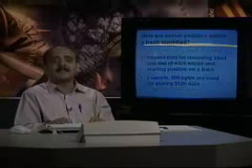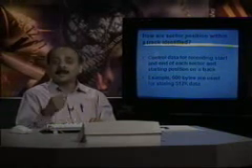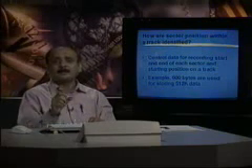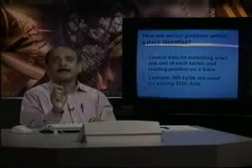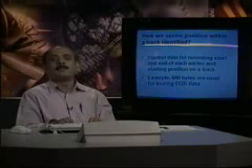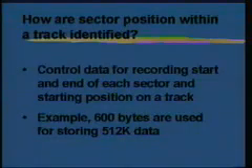What are the basic requirements? The basic requirement is that a gap needs to exist between two sectors. But if the gap does exist, how does the read-write mechanism know that there exists a new sector? Well, for those reasons, we need to look into the control data, which is recorded at the start and end of each sector of the hard disk.